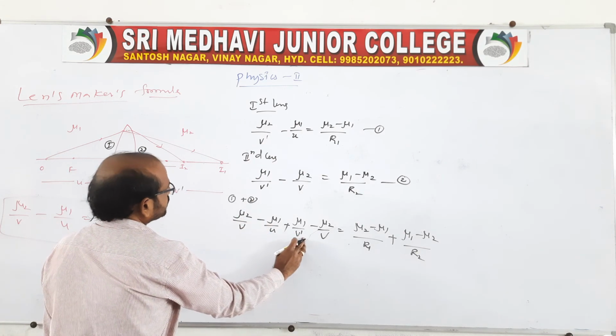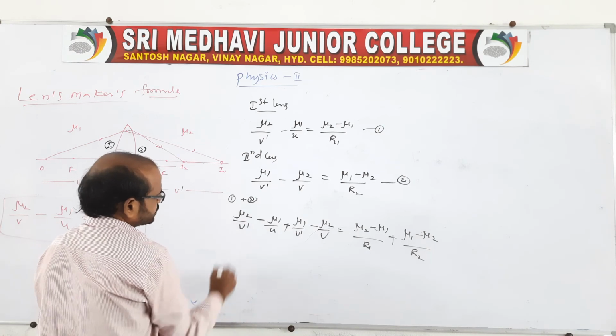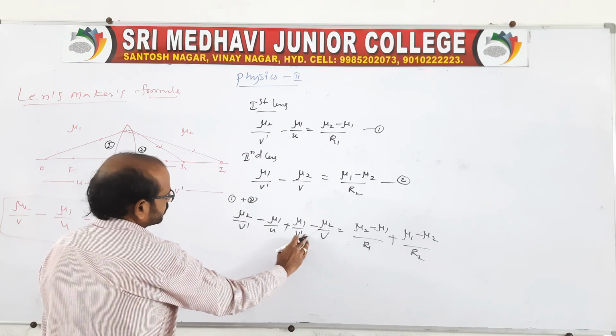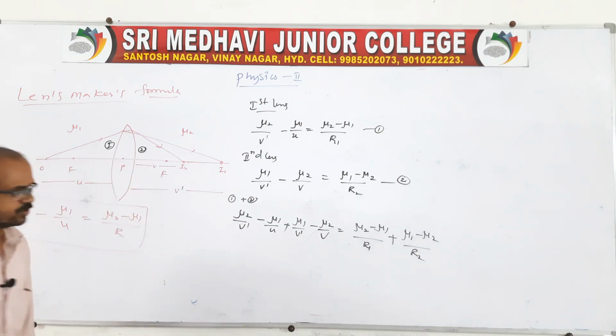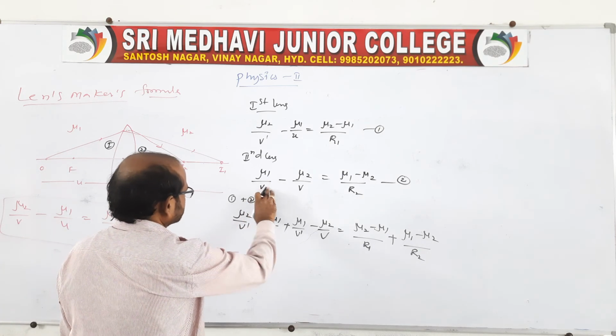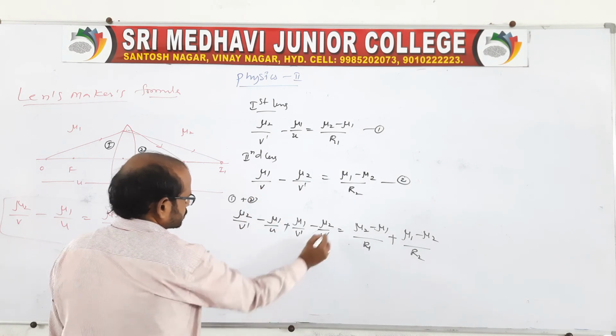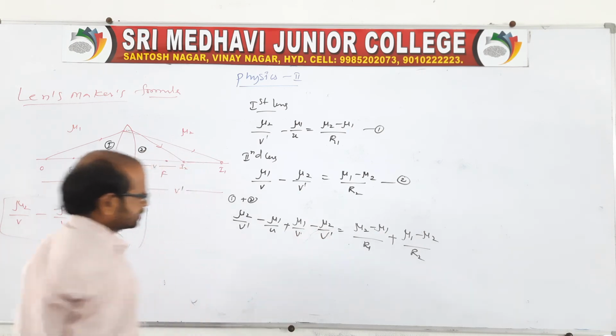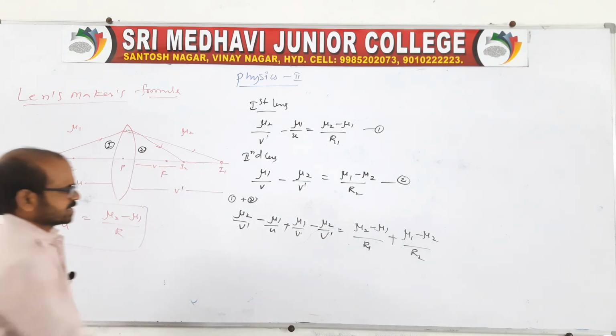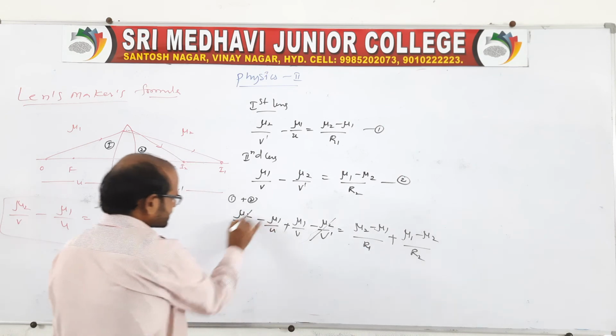So here we get, adding, no? So v dash, and this will be v and v dash. Clear? mu1 by v dash, mu1 by v minus mu2 by v. Here also you change a little, it is image distance, no? So you will get like this. Clear? Now you change it like this, therefore this will be cancelled.